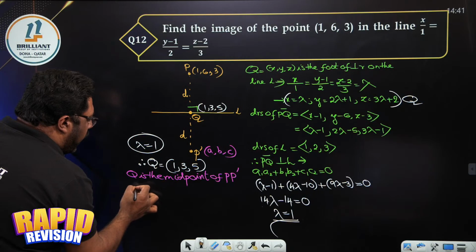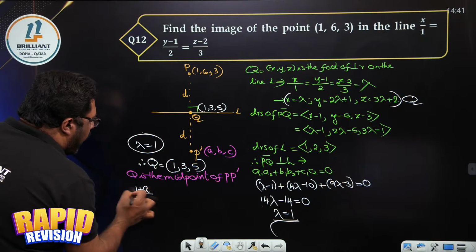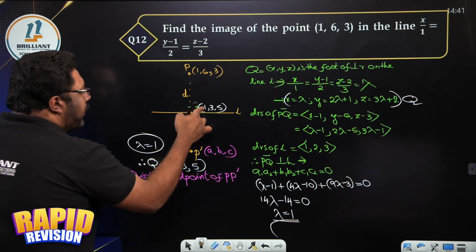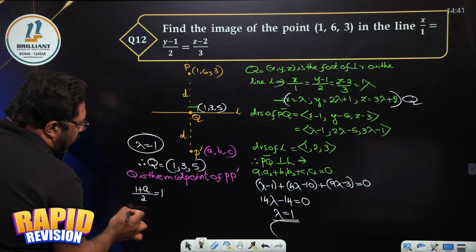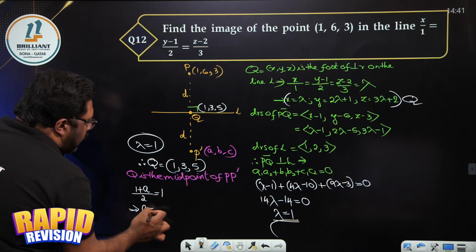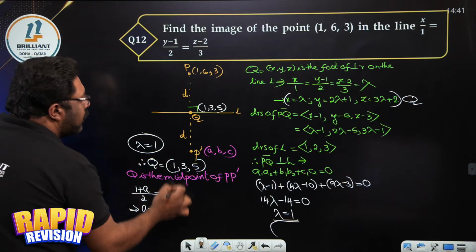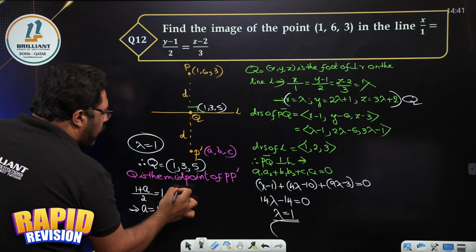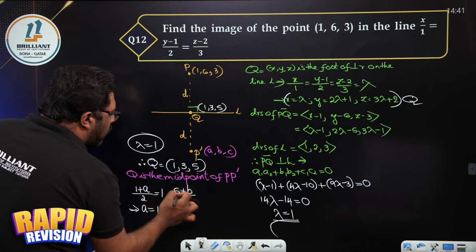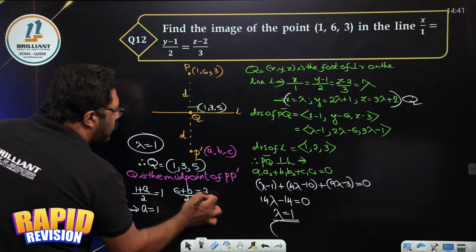1 plus A by 2 is the midpoint 1. From this, A is equal to 1. 6 plus B by 2 equal to 3.